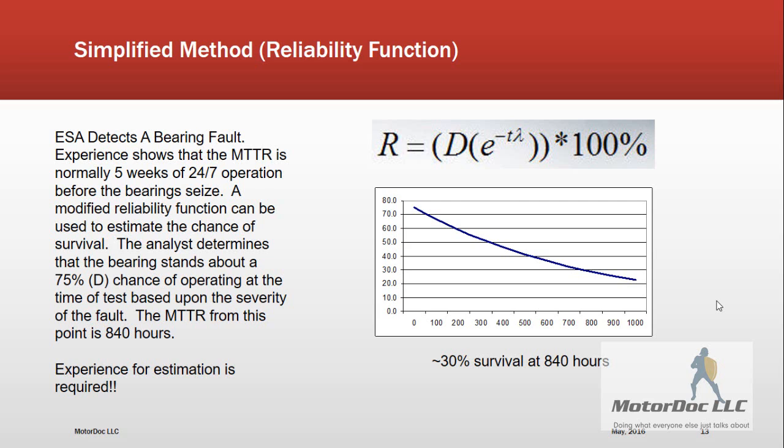Using history, the severity of the bearing problem, and experience, the analyst determines that the bearing stands about a 75% chance of operating at the time that it is tested. The MTTR from this point is about 840 hours. When the numbers are plugged in to the modified reliability function, it can be determined that there is about a 30% chance of survival at 840 hours.